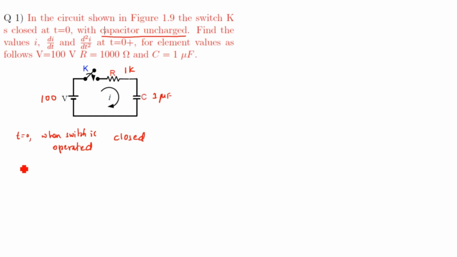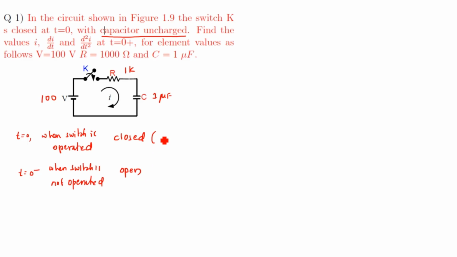So before switching is t equals 0 minus. When the switch is not operated, before switching, the switch was open.